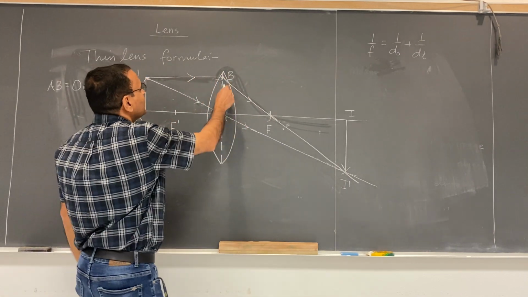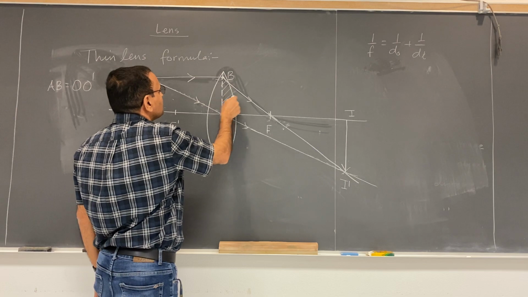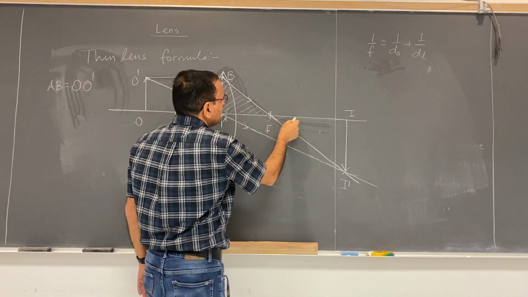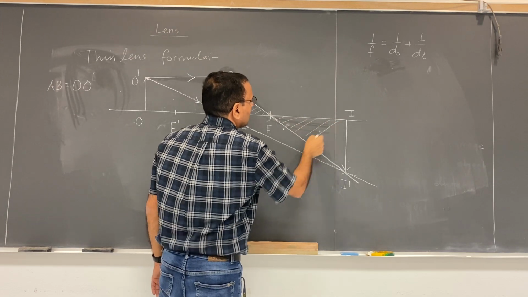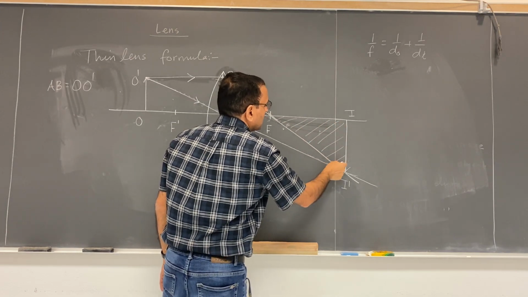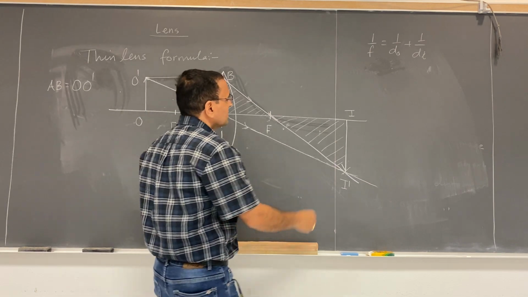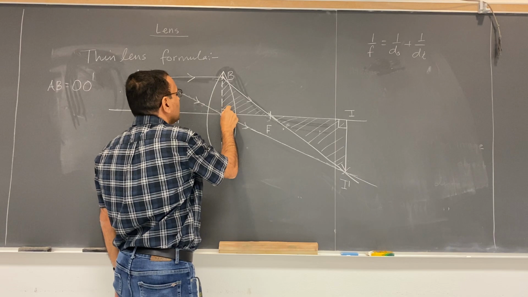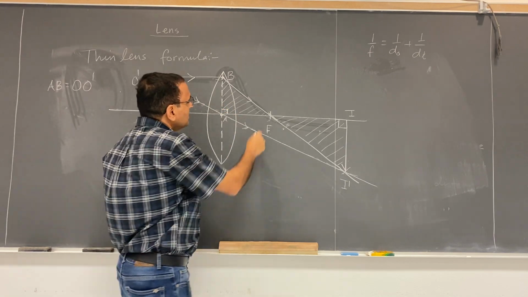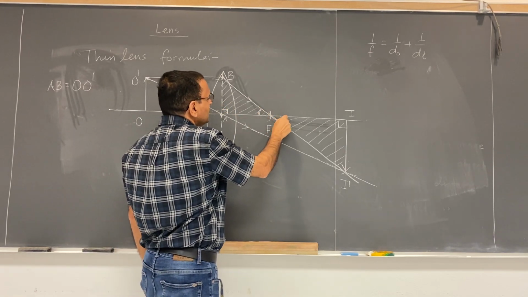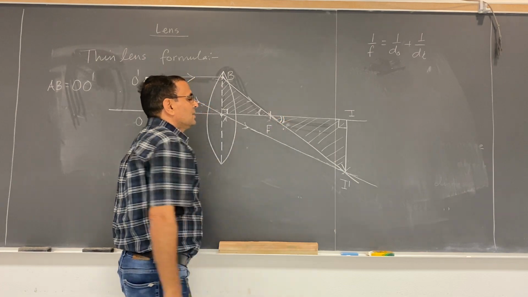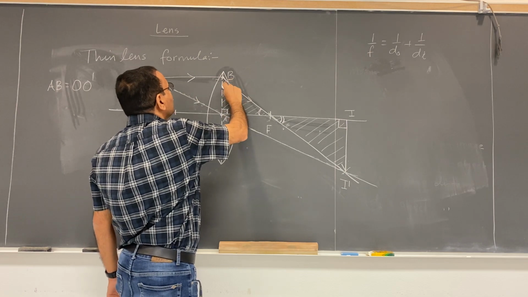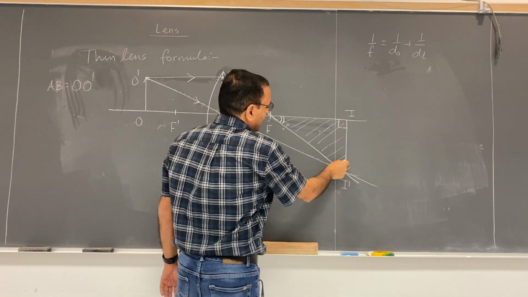Look at this. This triangle, and this triangle, they are similar because this is 90 degrees, this is 90 degrees, so they are equal. These two angles are equal. This angle is equal to this angle because they are vertically opposite angles. Then of course the remaining angle here, this angle must be equal to this angle.